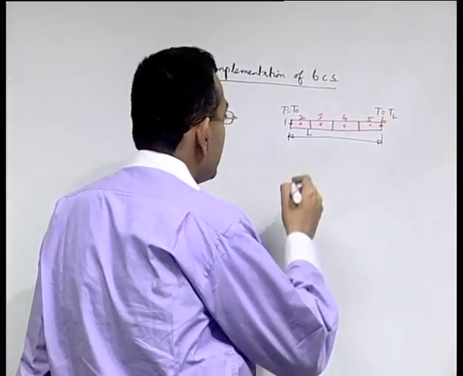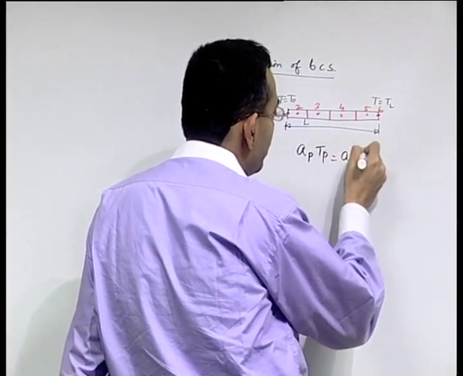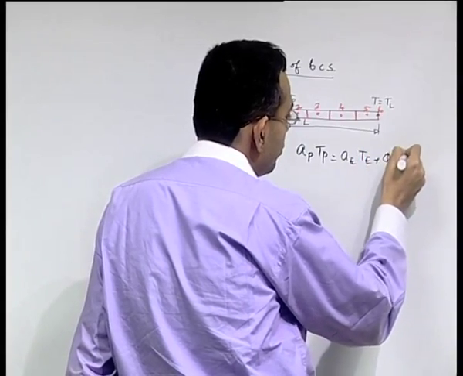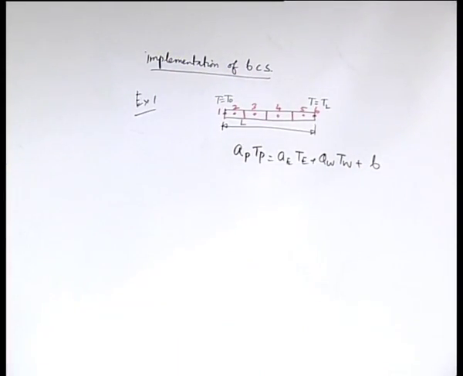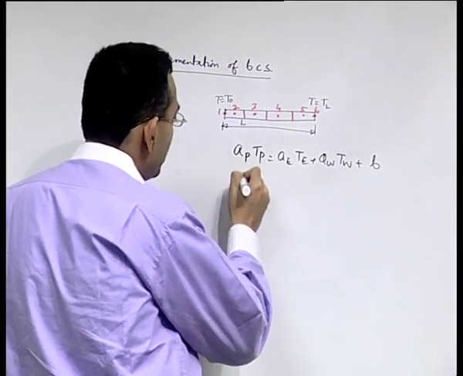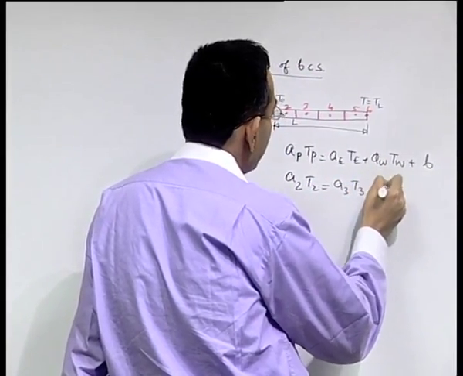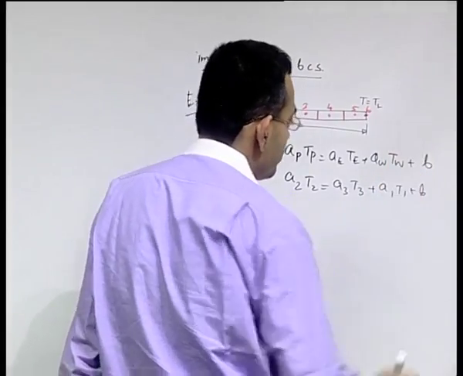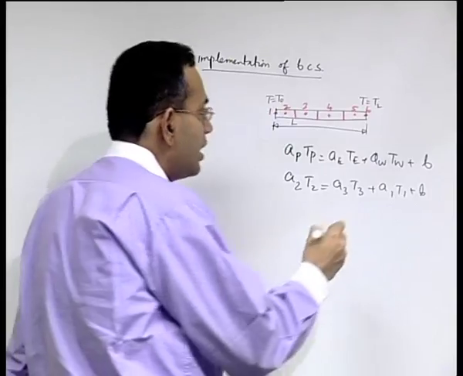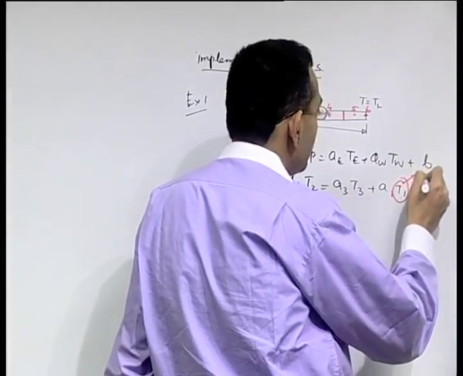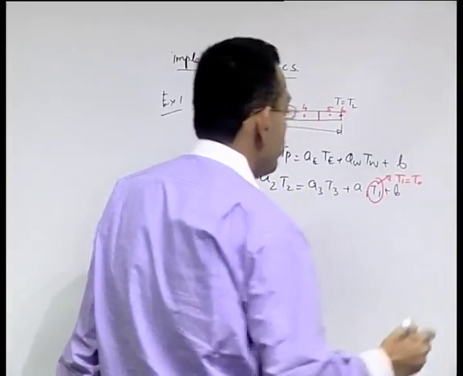The derived discretization equation is of the form AP TP is equal to AE TE plus AW TW plus B. For the grid point 2 it is like A2 T2 is equal to A3 T3 plus A1 T1 plus B, and we know that given at the point 1, T1 is equal to T0, that is given.